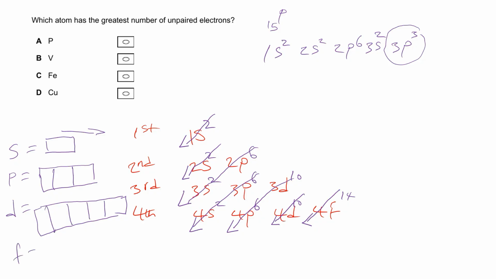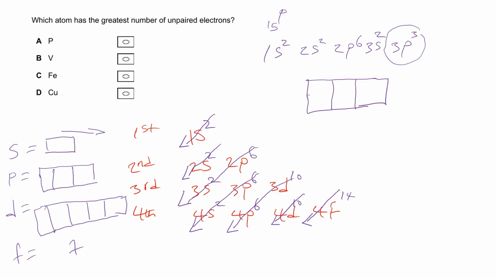Then the f orbital has 7 subshells. So let us read the subshells of 3p3. According to the rules involved in writing electron configuration, each subshell is filled with one electron first before they are paired.